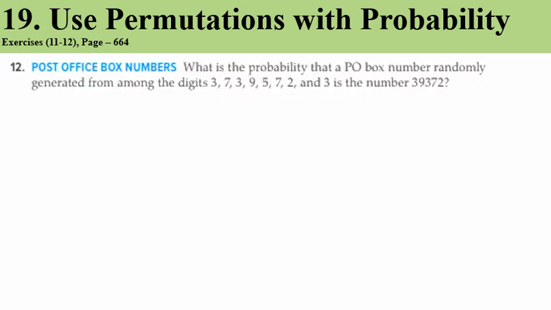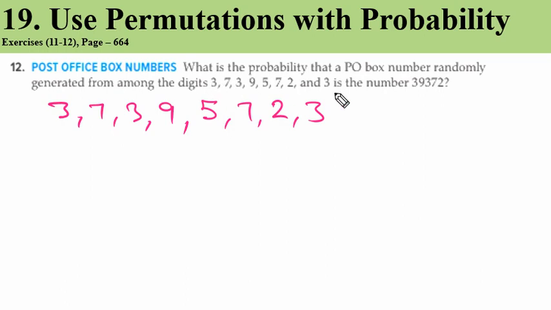The next question: what is the probability that a PO box number randomly generated from among the digits 3, 7, 3, 9, 5, 7, 2, 3 is 39372? I haven't changed anything, I just wrote down these numbers. Now you have to form the number 39372. What is the favorable condition? 1.